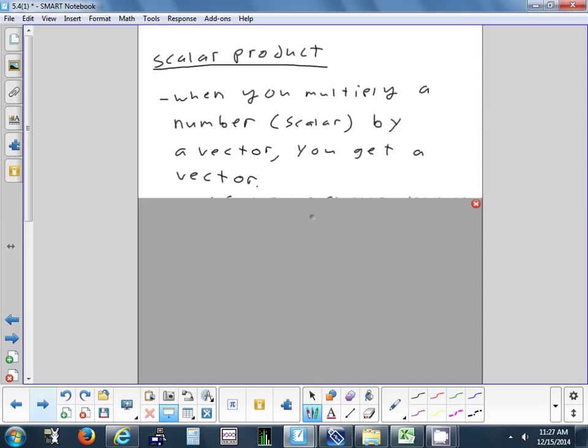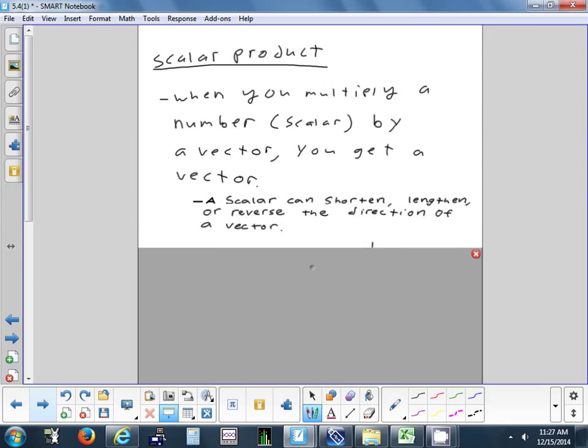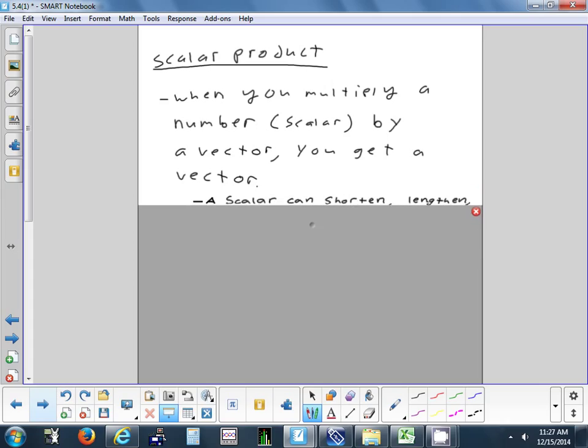Now, if you multiplied by 0, that would take your vector and basically get rid of it. You'd have the zero vector. So when you scale a vector, your answer is still a vector. It's just longer or shorter than what you started with. I said it can shorten the vector, it can lengthen the vector.